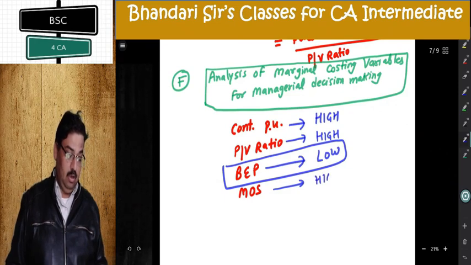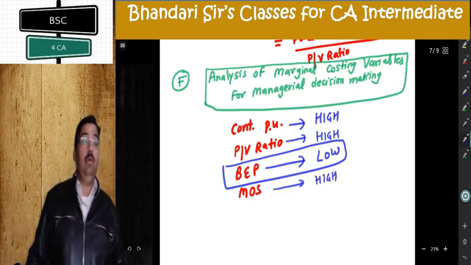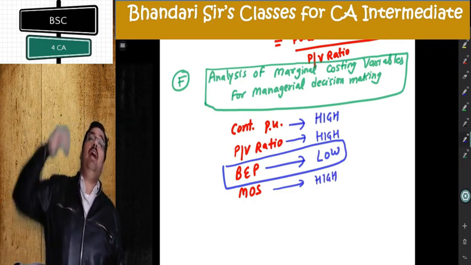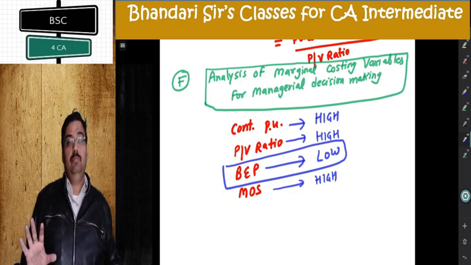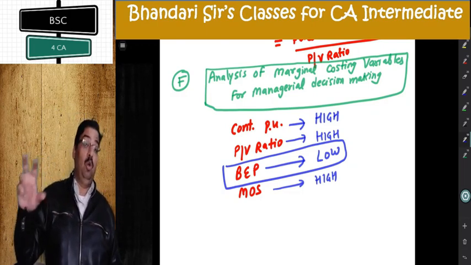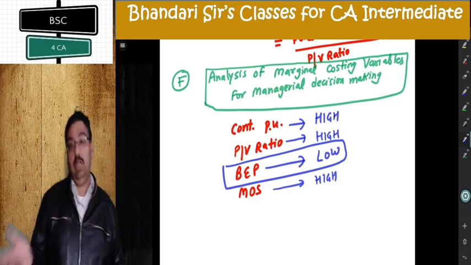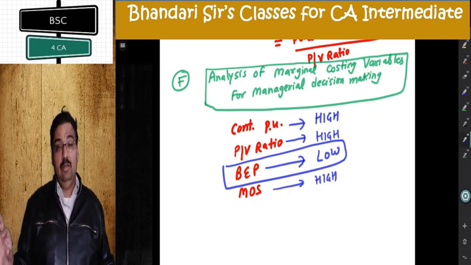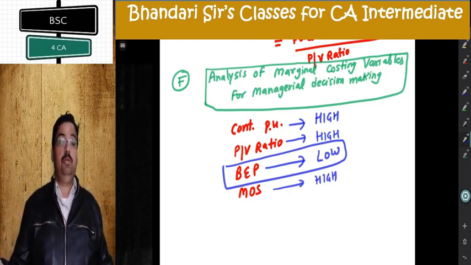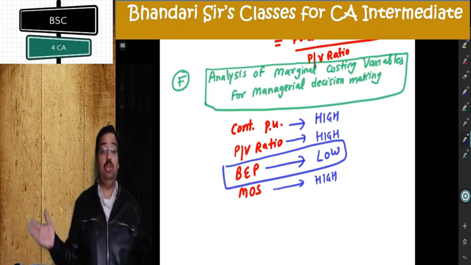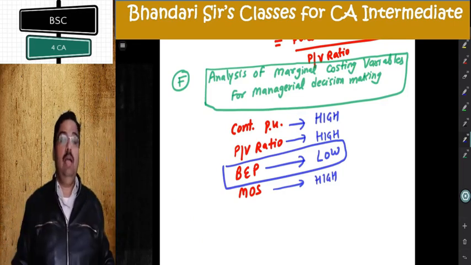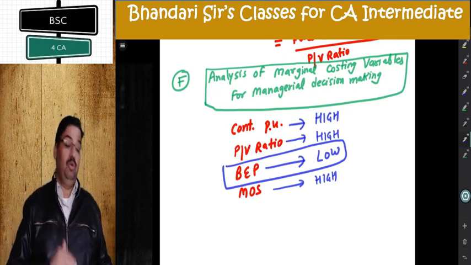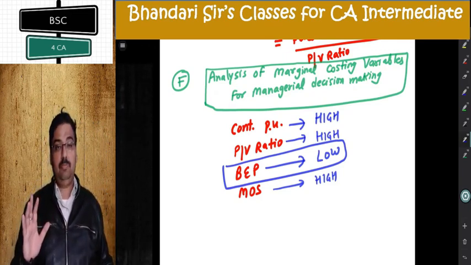MOS high. I like to have less risk. There is less risk if my actual sale is far ahead of the break-even point. So it is a margin that I want to keep over and above my break-even sale. I like to have more and more margin so that I feel very safe and very less risk of going into losses. Distance from losses should be much more that I can have. So the only thing which should be low is break-even point. All other things should be as high as possible.